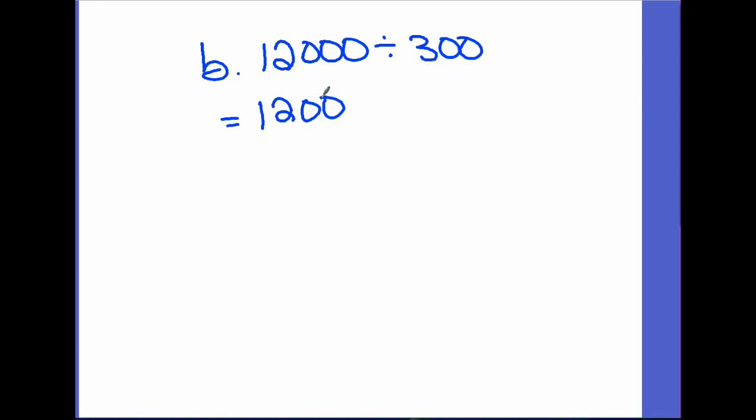So they say, I'm going to go ahead and start with B, 12,000 divided by 300 is the same as 12,000 divided by, what do I multiply by to get 300? 100.